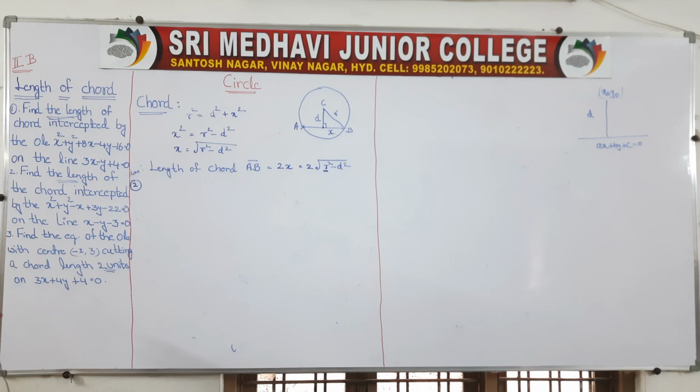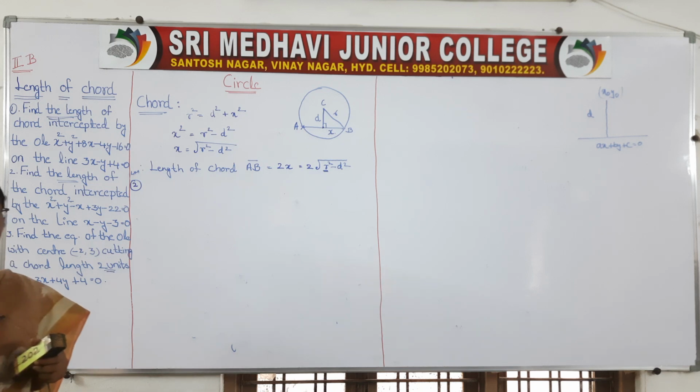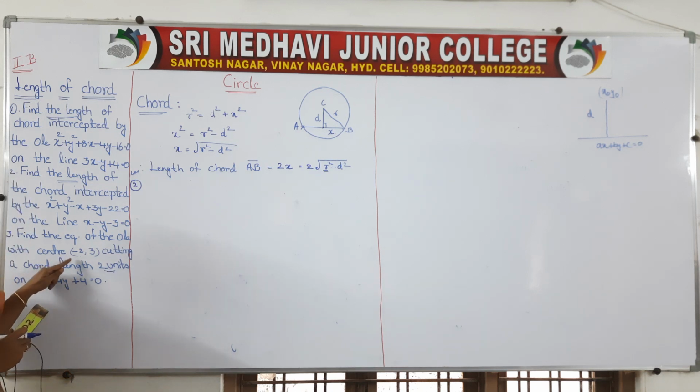In this question, we have to find the circle equation, and the equation of the chord is given to us and its length is given to us, the center of the circle is given to us, write the required circle equation. You know it very well, if we want to write any circle equation, we need two requirements. What are those? One is the center, another thing is radius. So center is given to us, we have to find radius.